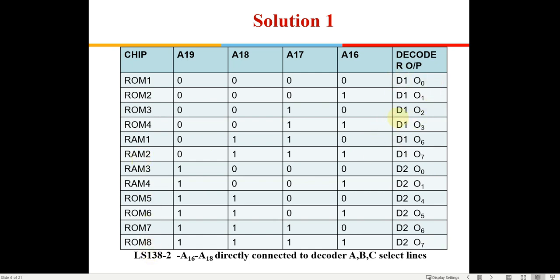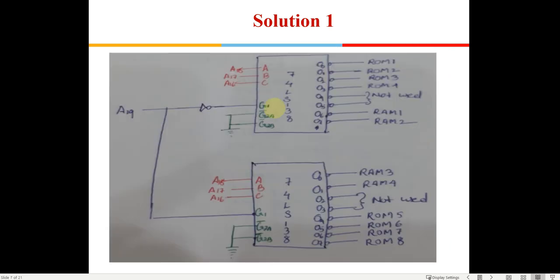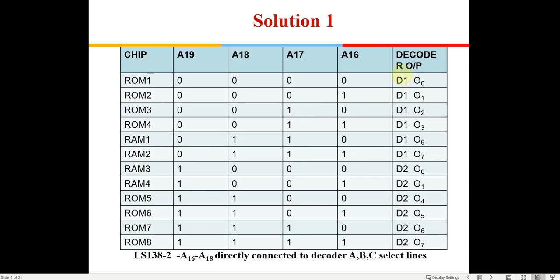Once having done that, you can make a layout like this, right? For the first chip D1, we have assigned 6 memories. A19 is 0 for those, and for the next 6 A19 is 1.